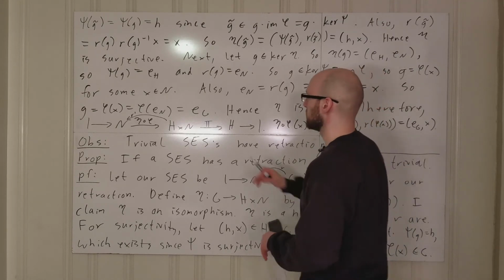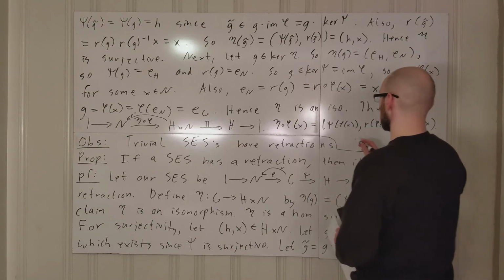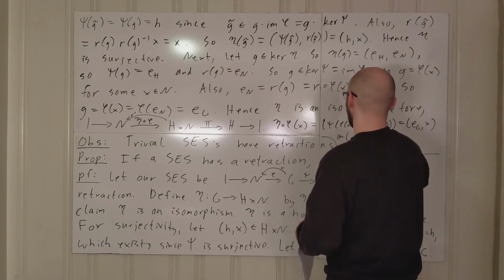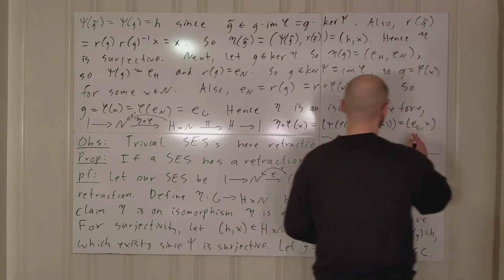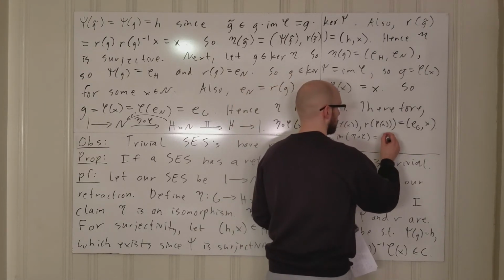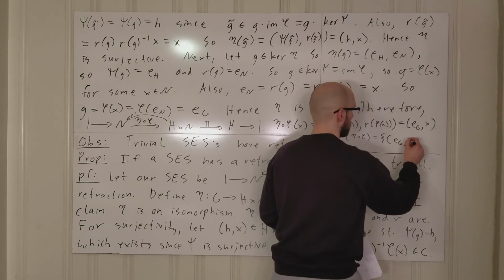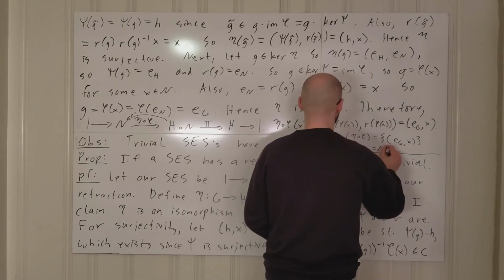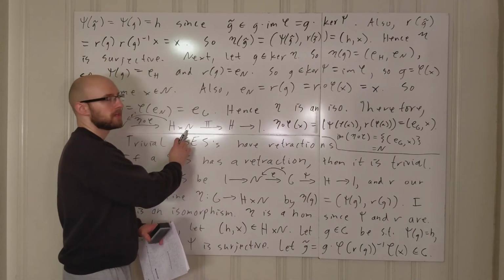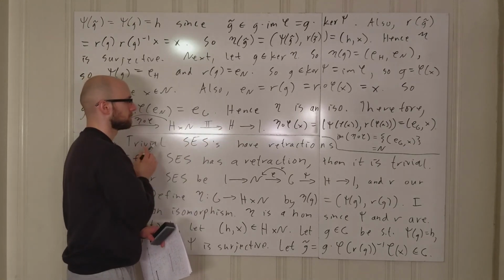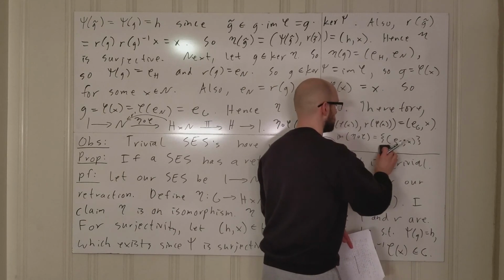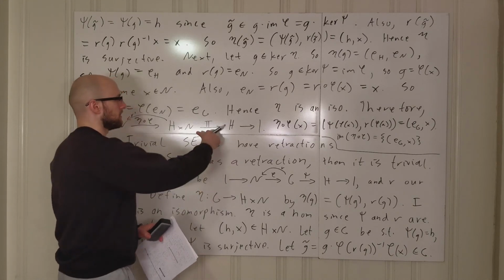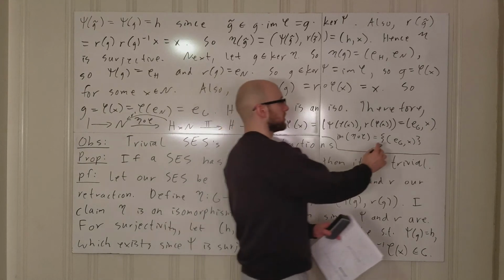And so, anyways, the last thing we need here is exactness at H cross N, and that's true because from the above we see that the image of eta of phi is just things of the form (e, x), where x is in N, and so that's going to be equal to N. But anything in N here is going to be projected onto the identity element here, because we're just going to keep that.